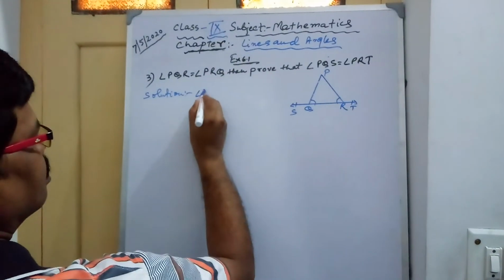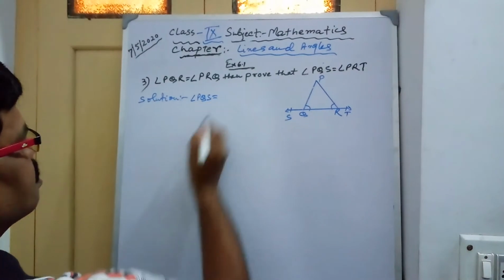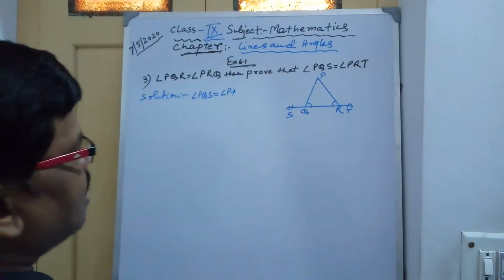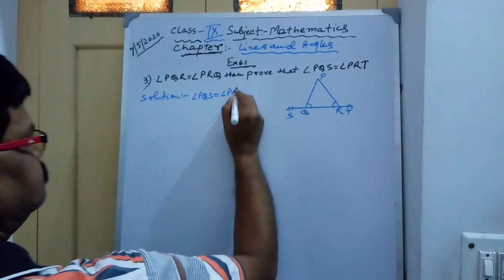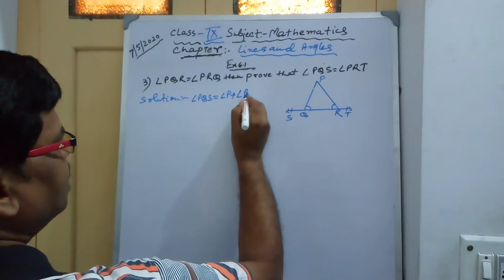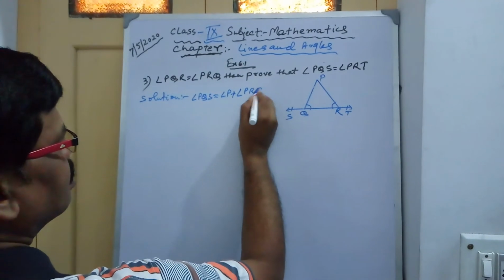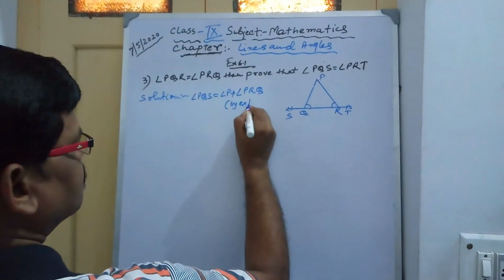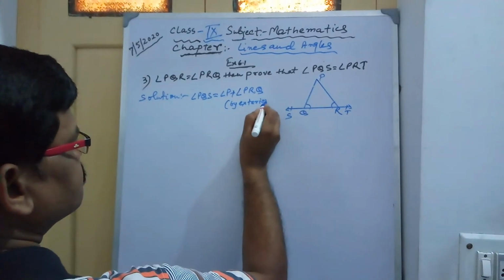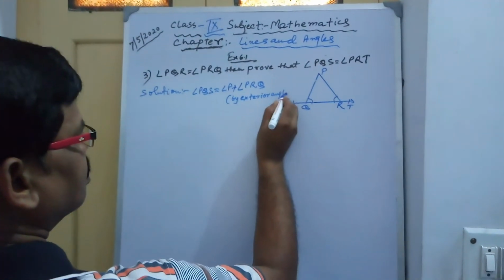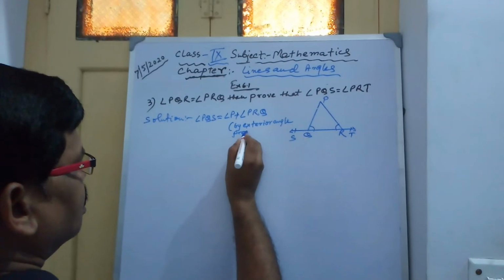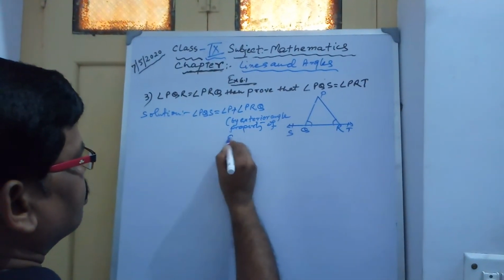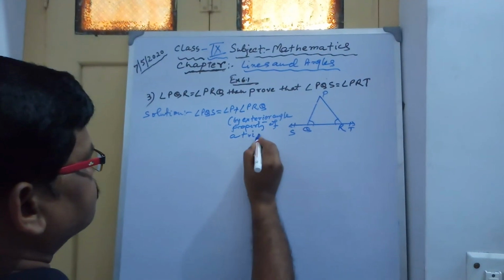Angle PQS equal to angle P plus angle PRQ by exterior angle property of a triangle.